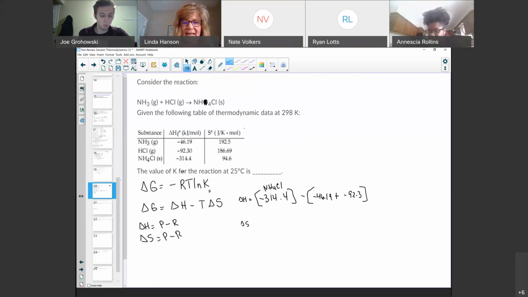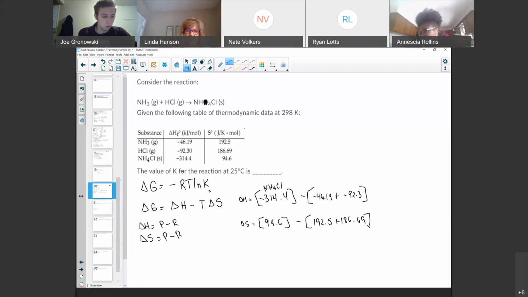I'll set delta S and then I'll grab my calculator just once. Here we have 94.6 is the NH4Cl minus the sum of the two reactants. There I go. Ran out of room.